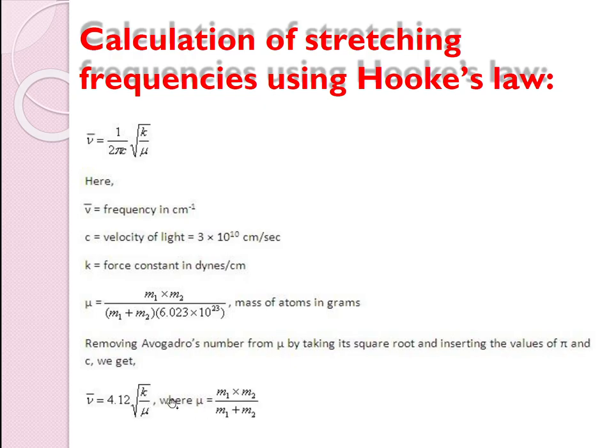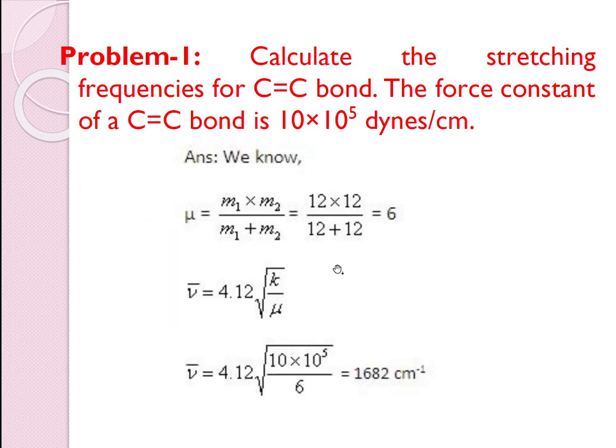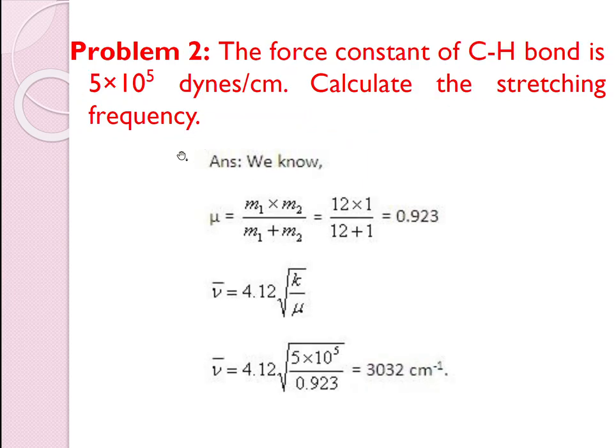So by utilizing this, we usually get the result. Just go through the math, you can easily perform this problem. These are very easy, you can easily find the stretching frequency of any bond like CH, CO, NH, NO, whatever it is.